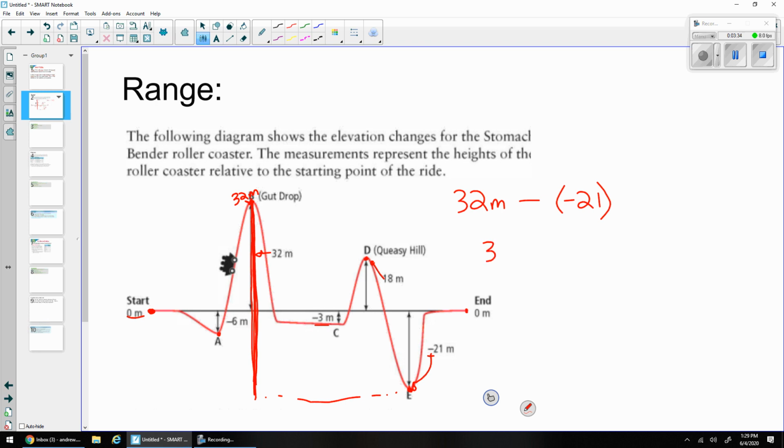So this is the same as 32 meters plus 21 meters, which makes sense because if we're trying to find this whole line, we would take this 32 meters and add to it this 21 meters, and that would tell us the total. But it's the same as subtracting the negative. So in total, the range of this roller coaster would be 53 meters. Okay, and so the range of those data points would be 53.